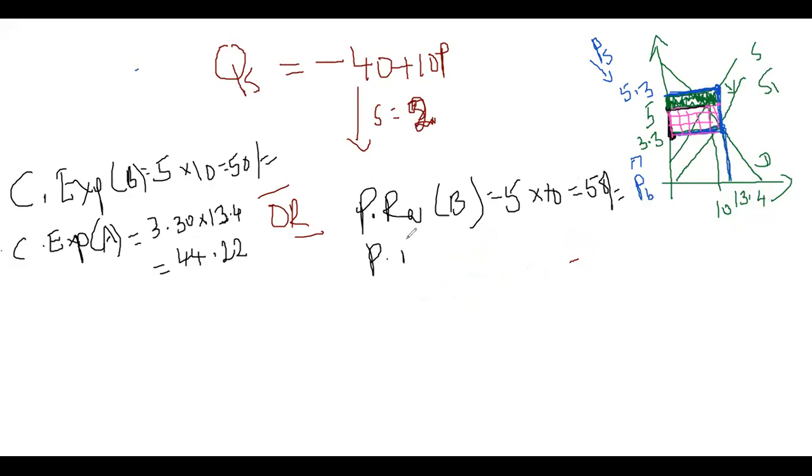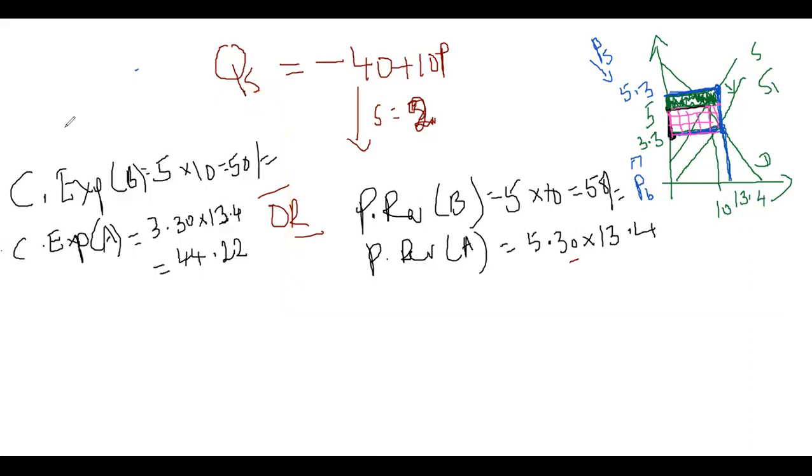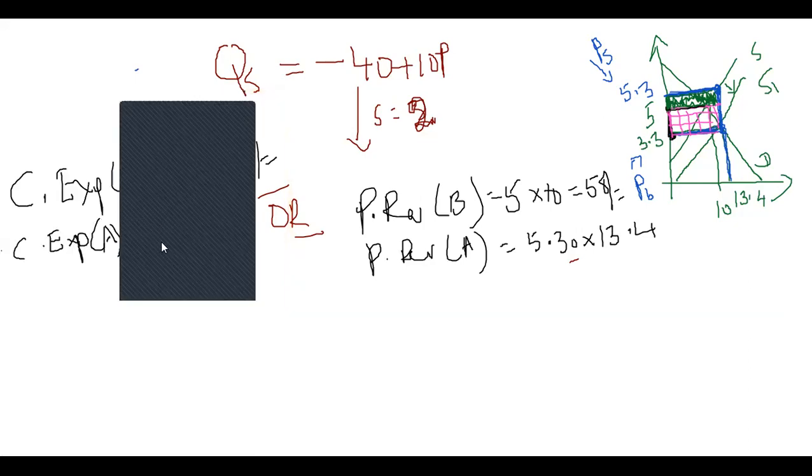Then producer revenue after subsidy: producers get 5 rupees and 30 cents for a unit and sell 13.4. So 5.3 into 13.4.